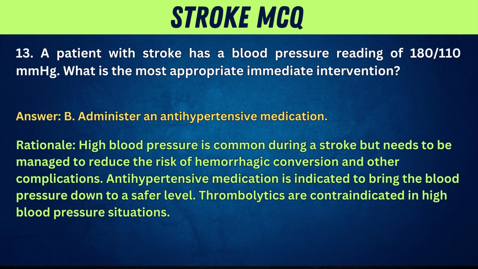Answer: B. Administer an antihypertensive medication. Rationale: high blood pressure is common during a stroke, but needs to be managed to reduce the risk of hemorrhagic conversion and other complications. Antihypertensive medication is indicated to bring the blood pressure down to a safer level. Thrombolytics are contraindicated in high blood pressure situations.